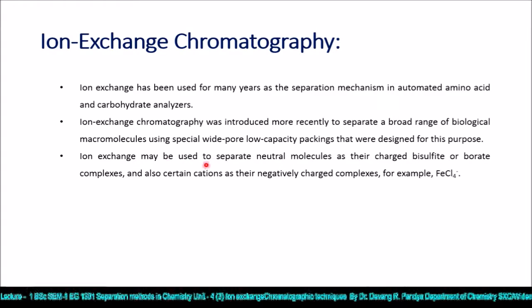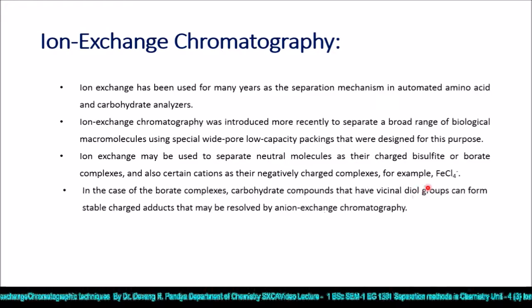Ion exchange may be used to separate neutral molecules as their charged bisulfite or borate complexes, and also certain cations as their negatively charged complexes. For example, we have FeCl4-.